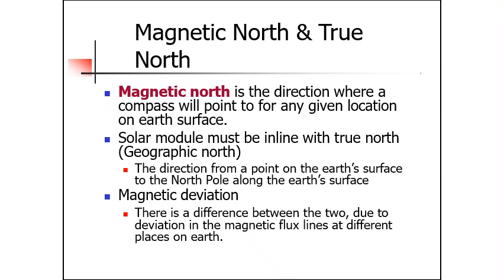So this is the direction from a point on the earth's surface to the north pole along the earth's surface. That's why we have to consider the magnetic deviation. There is a difference between the two due to the deviation in the magnetic flux lines at different places on earth. So there is a value for magnetic deviation and we can fix it.